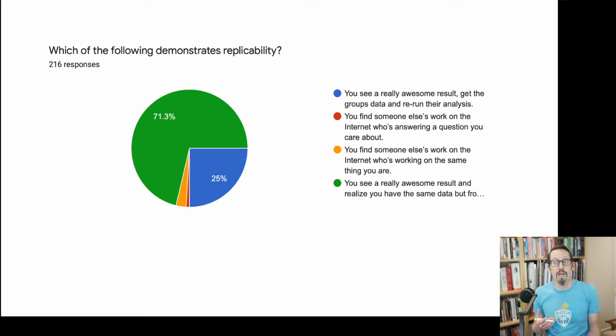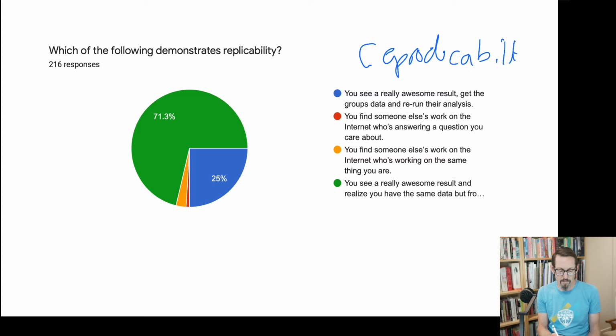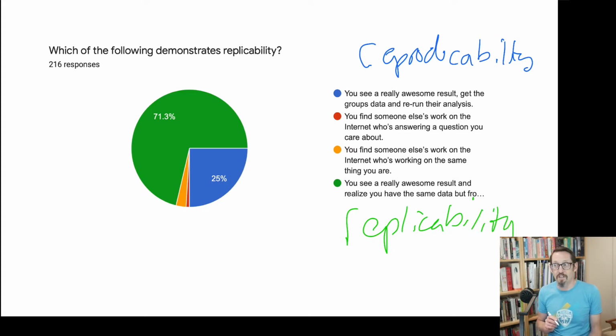So you use that method and you replicate the original result. The blue, really awesome result, you get the group's data and rerun their analysis. That's reproducibility. Alles klar?